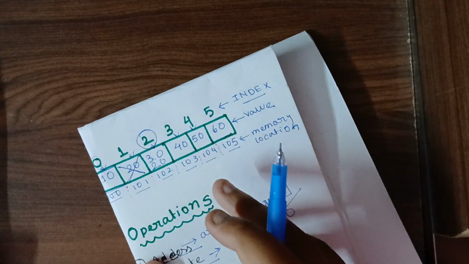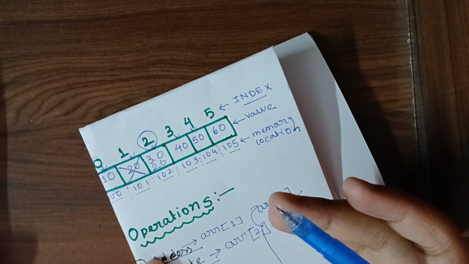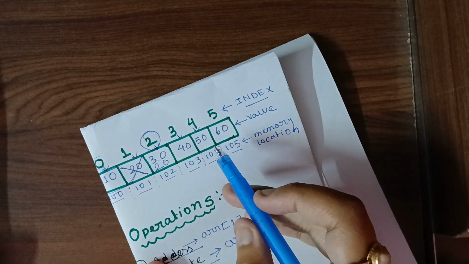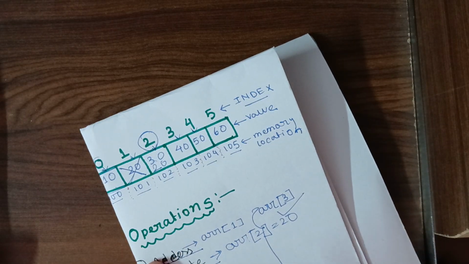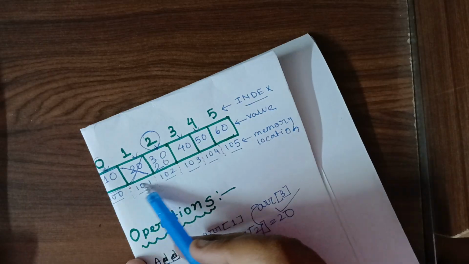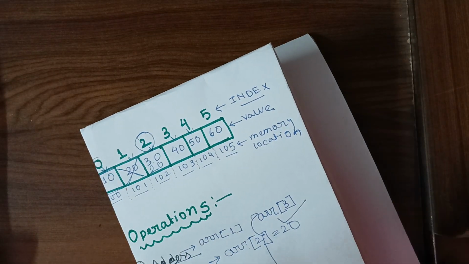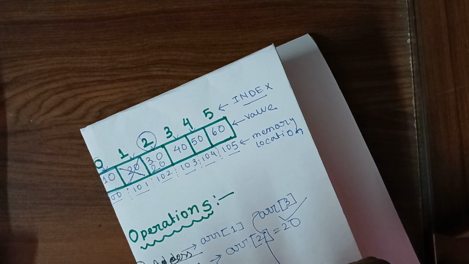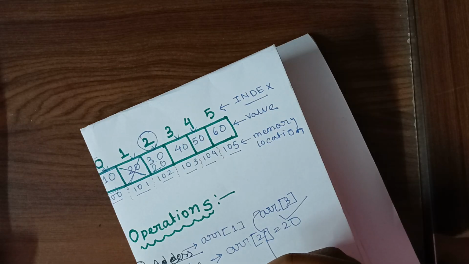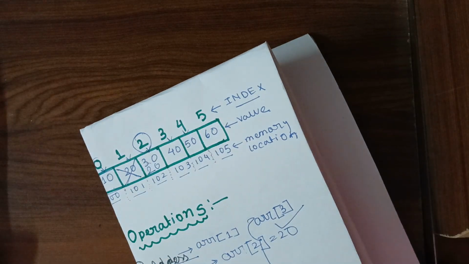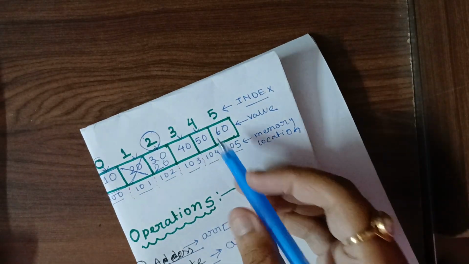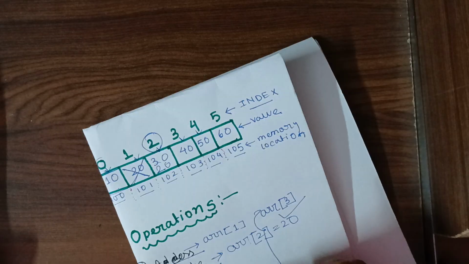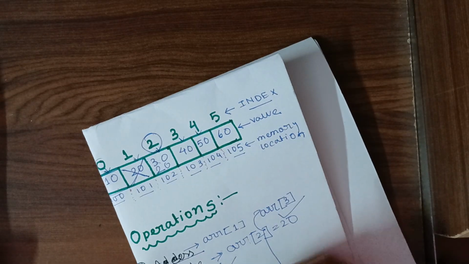Now there is a question which tells you to check whether 50 is present in this array or not. For this, we need to traverse through all the elements. What is the meaning of traverse? Traverse means to go to all the elements and visit each element here. Means I need to visit all elements and check whether it is equal to 50 or not. This is called find, and traverse means to visit all elements.